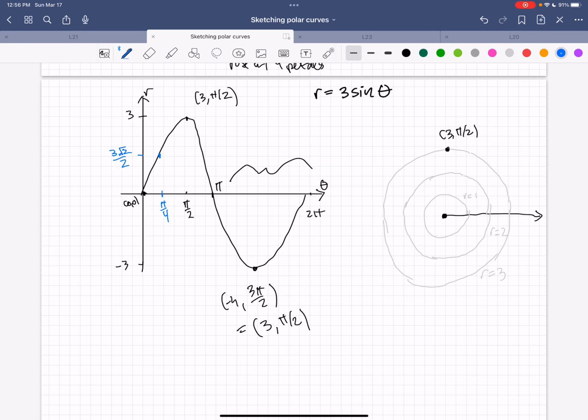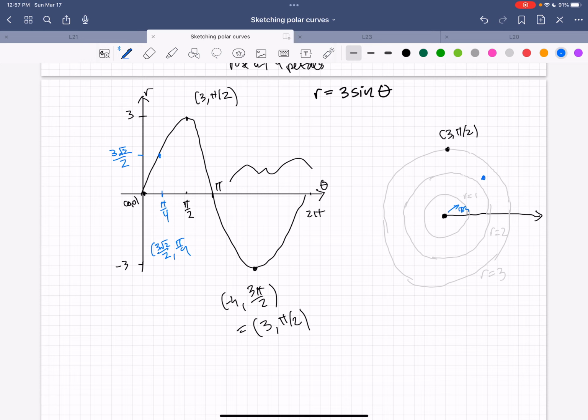Okay, that's like 2 point something. If I didn't have those r's equal to 1 and 2 lines, then it wouldn't matter as much, but now I want to do it properly. Okay, so I've got 3 root 2 over 2 at pi over 4. So now at pi over 4, we're going to have a point that's like right here.